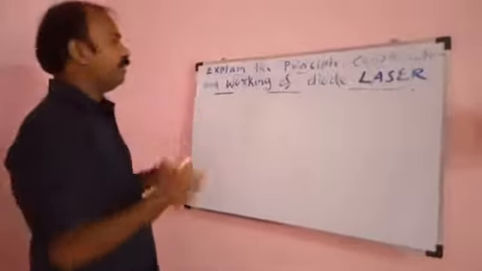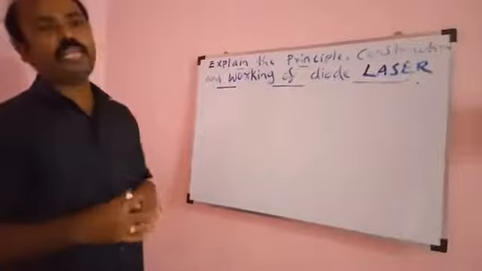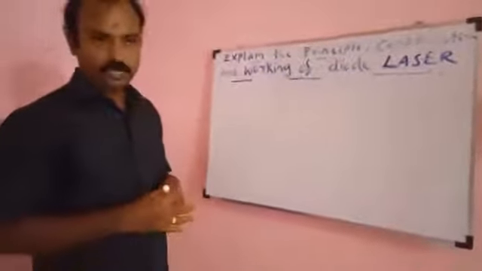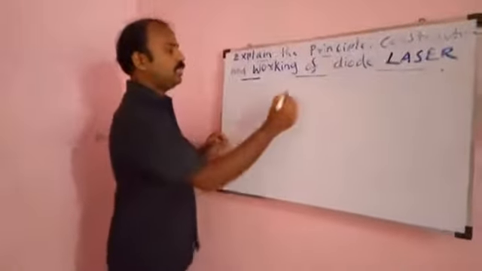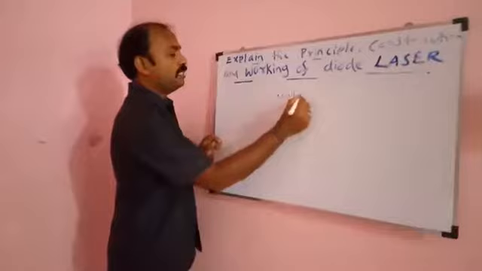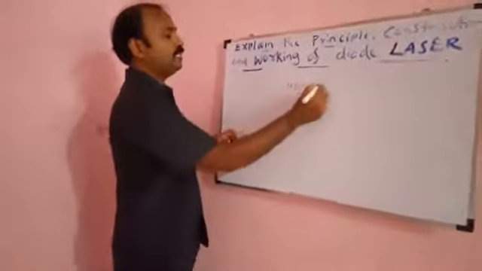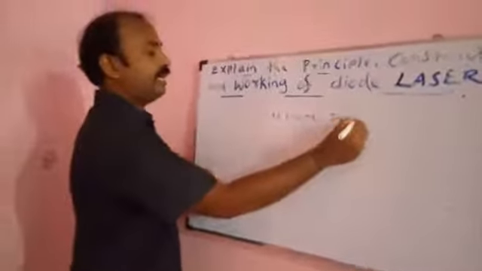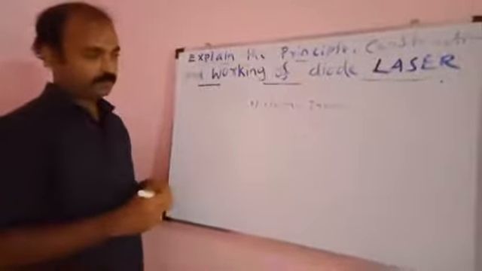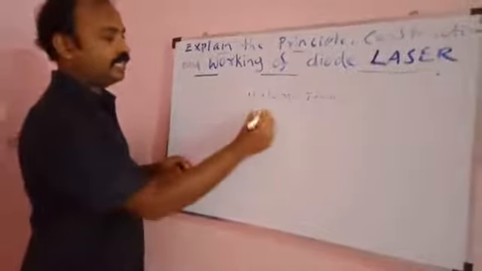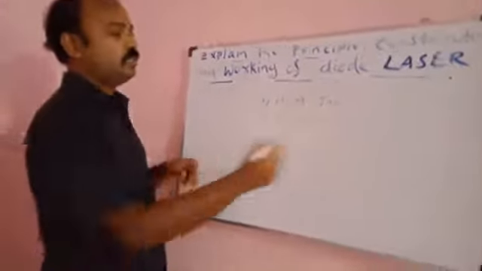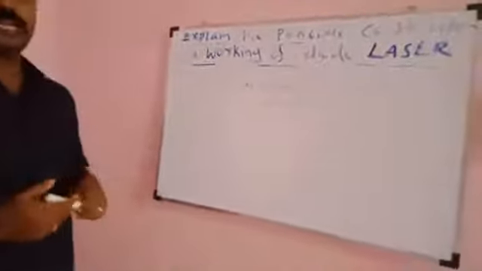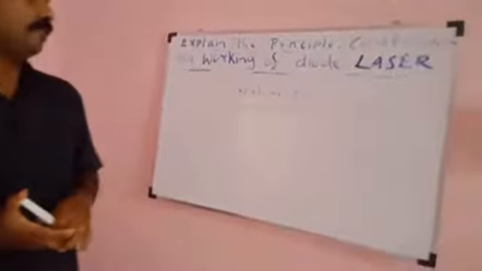Here we have two different types of semiconductor diode laser. The first one is the homojunction semiconductor laser. The second one is the heterojunction semiconductor laser, diode laser.